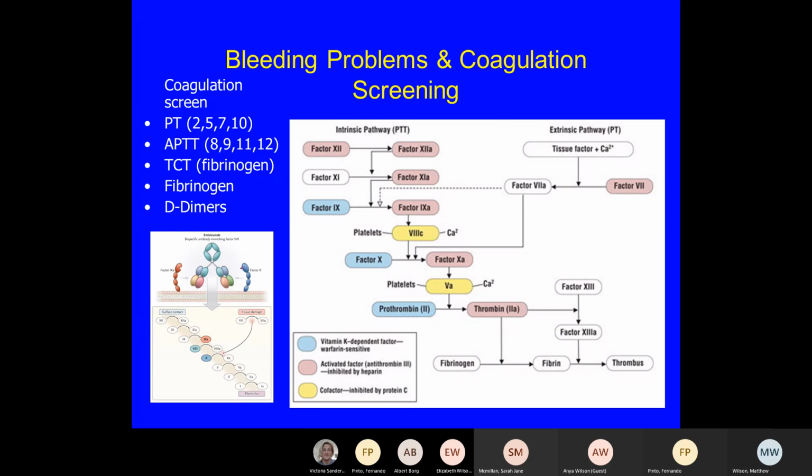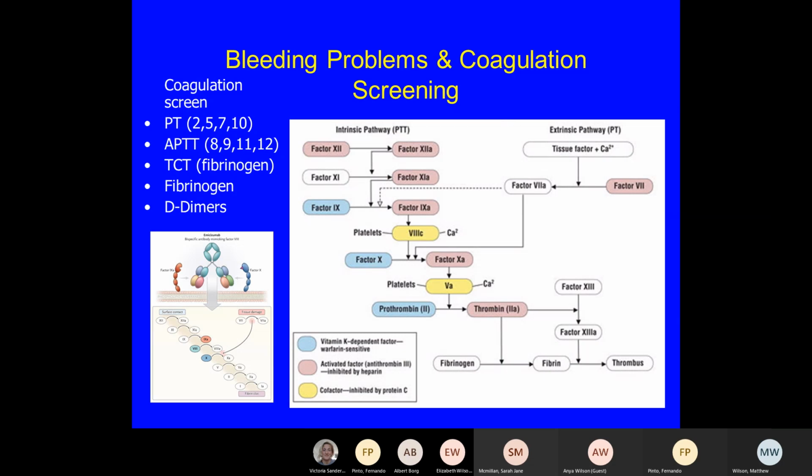Emicizumab is a monoclonal antibody that bypasses and can act in lieu of factor 8, because it brings those two factors together, factor 9 and factor 10, in the absence of factor 8.